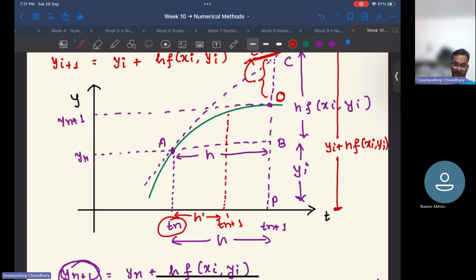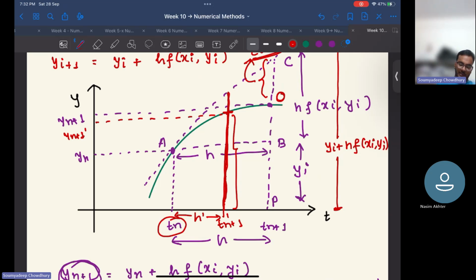So now if we see, your new yn plus 1 dash is this value. And your estimated value is this length, this red line, right? Whereas your actual value is this one, this is your actual value, yn plus 1 dash.